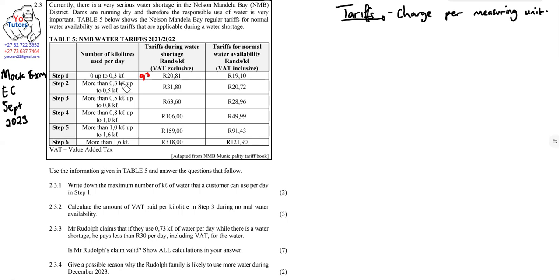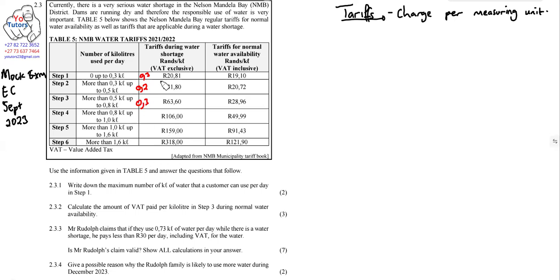Then 0.5 minus 0.3 means 0.2 kiloliters are charged 31 rand 80. Then 0.8 minus 0.5 gives you 0.3 kiloliters charged at 63 rand 60.